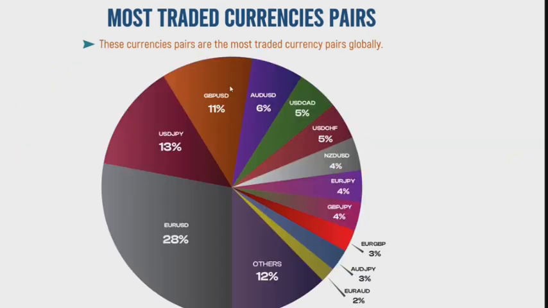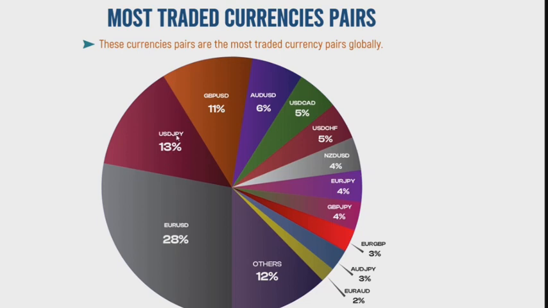Then in the next slide, we have the most traded currency pairs. These are the most traded currency pairs globally. Here we have the currency pairs and the percentage of global trade in the forex market. We have the Euro USD at 28% of trade.